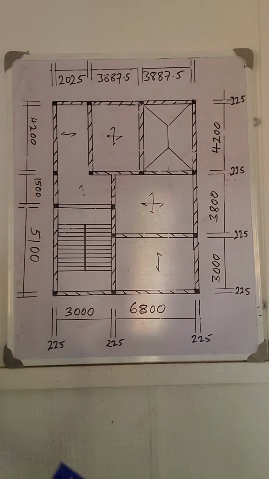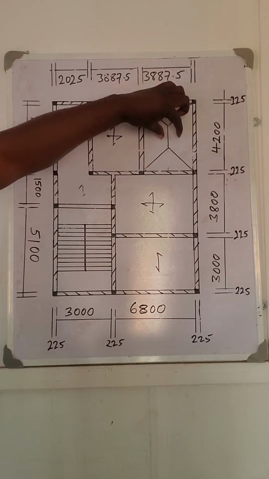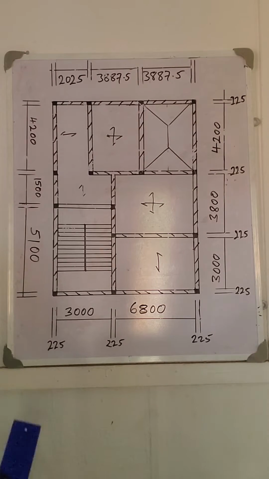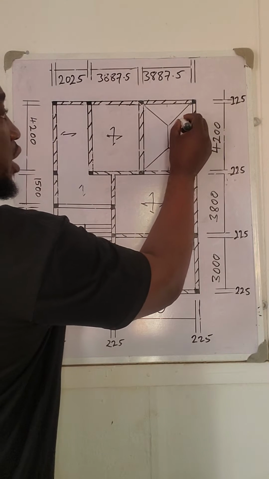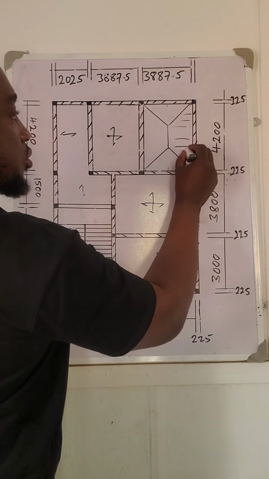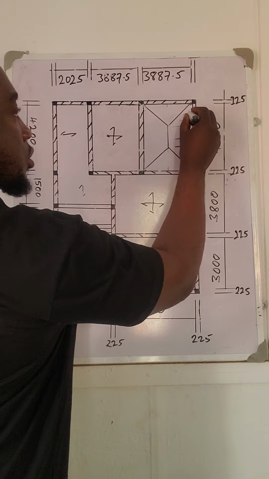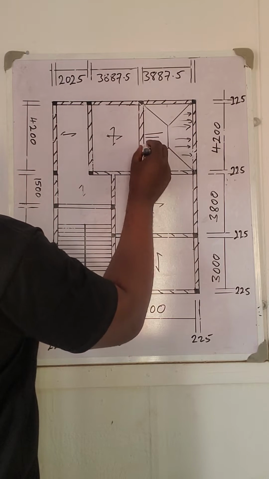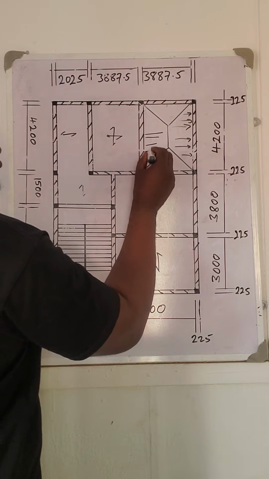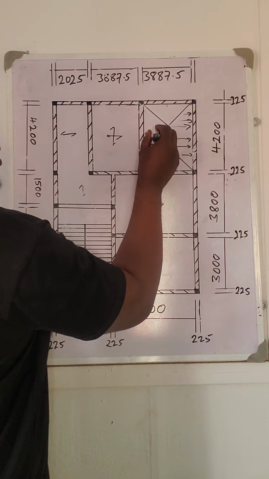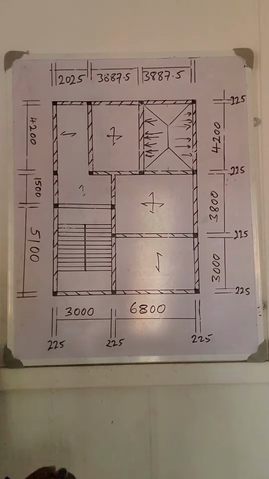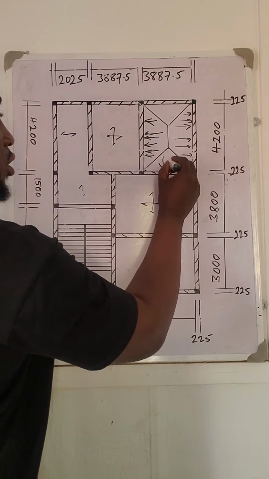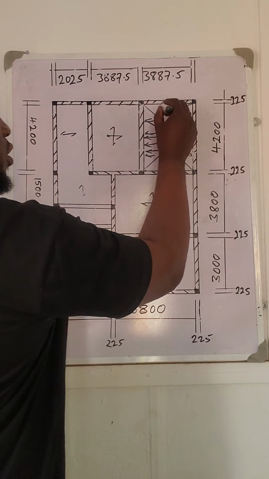That is how, for a two-way spanning slab, the slab transfers load to the beam. This one transfers to this, and this one transfers to this.